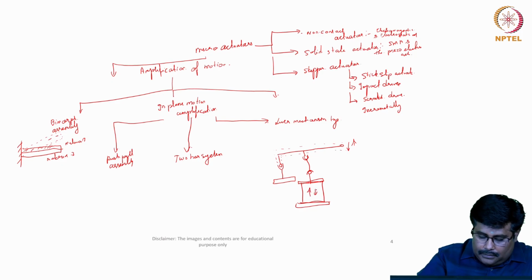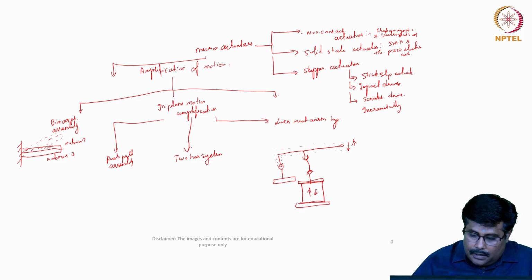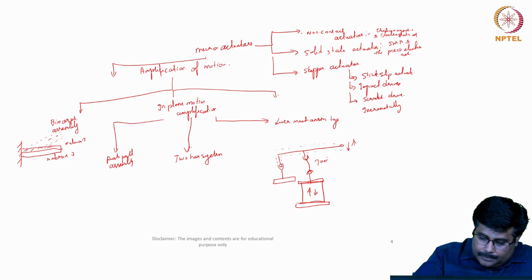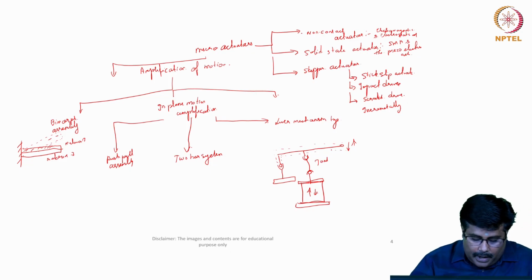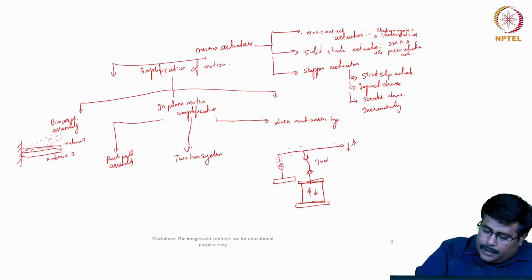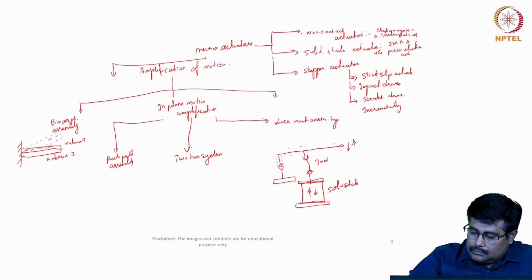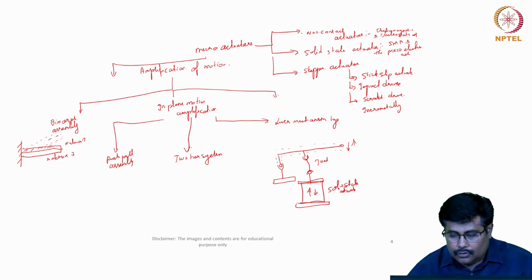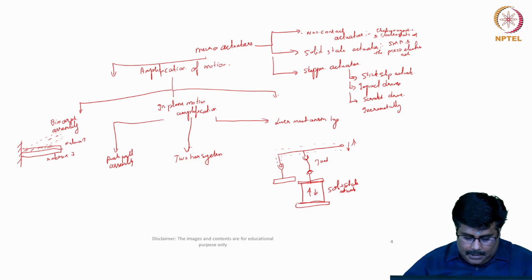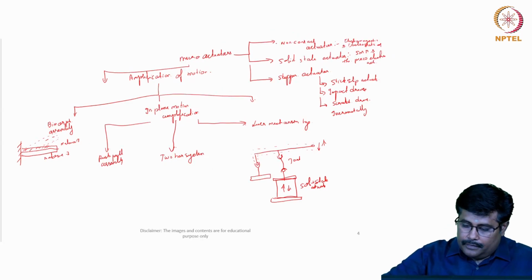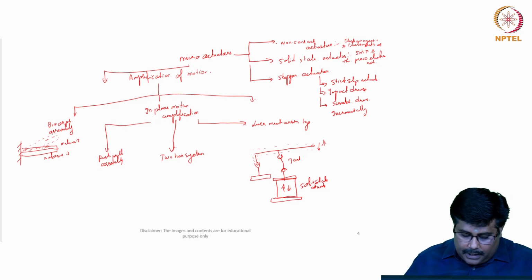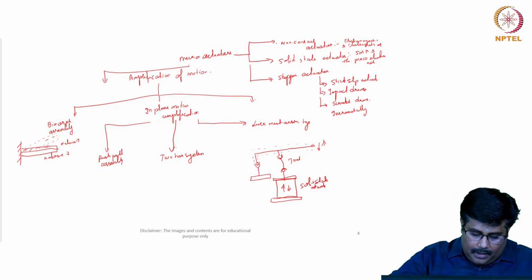Here we have the joints in place, and this is the amplification. This is the solid state actuator, and then we have two joints with the levers.